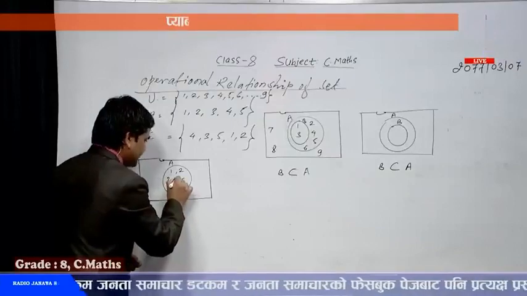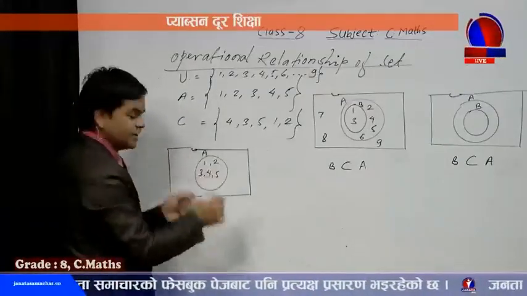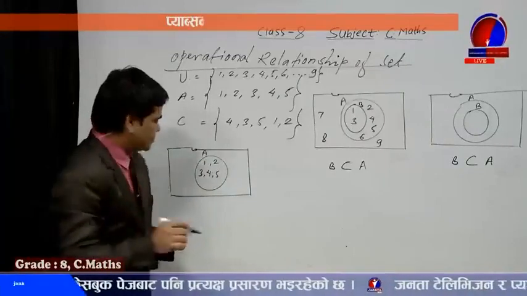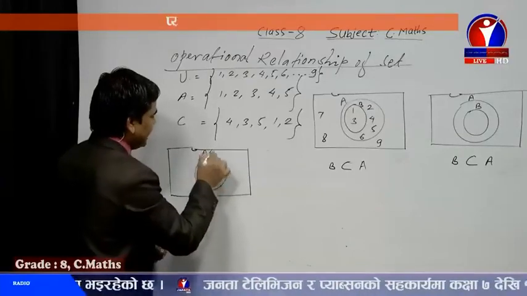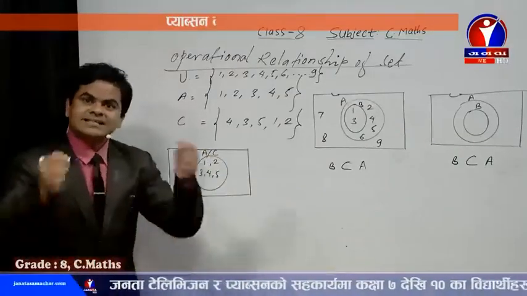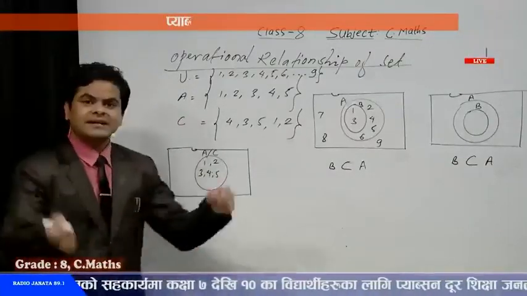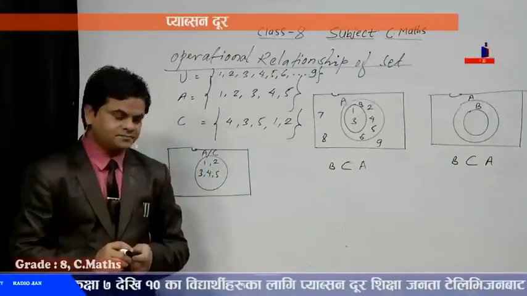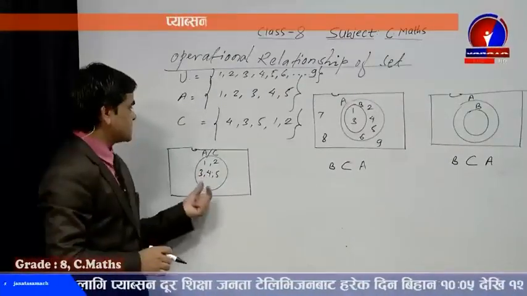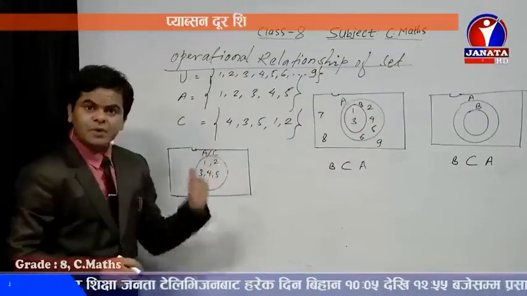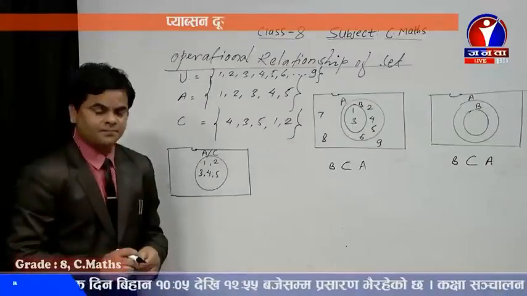That means the center will be fixed here, and having the same radius, if you prepare another circle, then it will be the same circle A. So we can write C alternatively to circle A as well, because the C subset also has the same elements as A. I think, dear students, we have understood the difference between the improper subset and the two subsets, if you have to find out the relations.